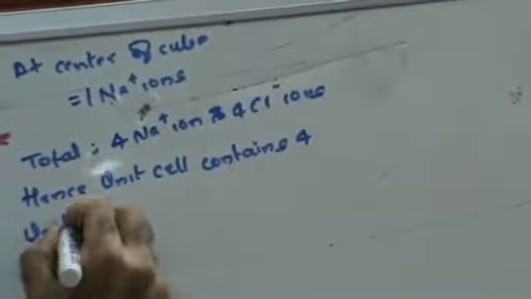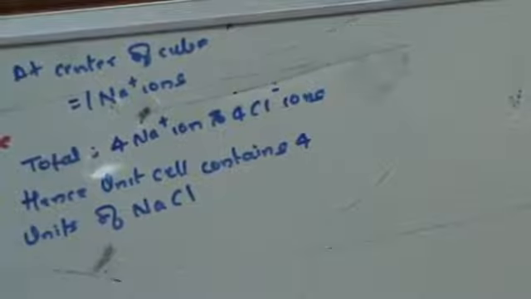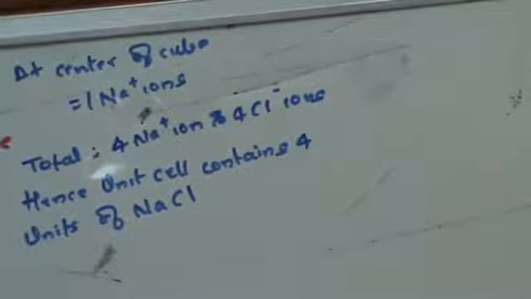Hence the unit cell contains 4 units of NaCl. That's how we find out the total number of units of NaCl. Next, let's see another sum, guys.